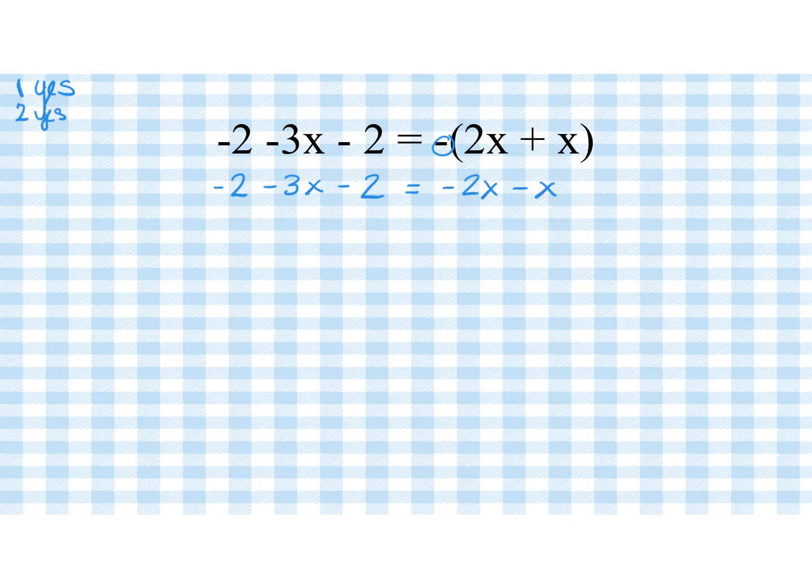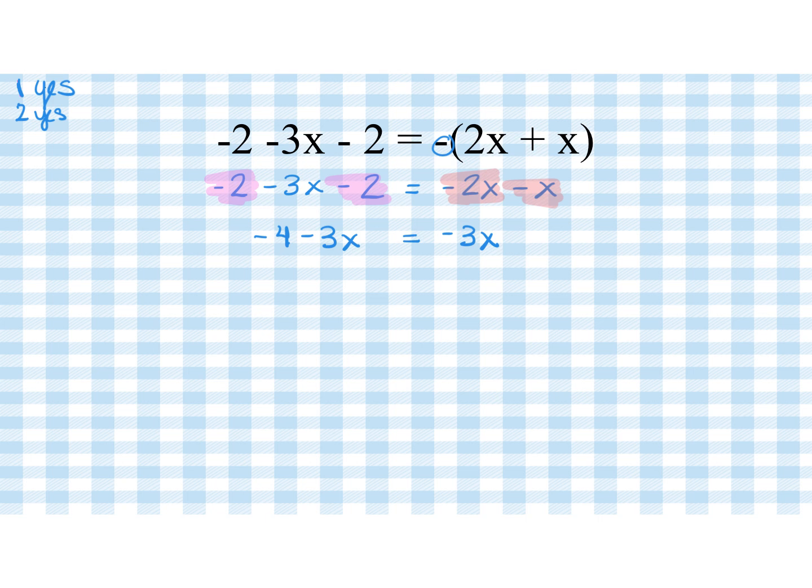Let's take a look. I have constants here on each side that I can combine. I also have these, which are both variables, and I can combine both of those. So I have two things to combine. So minus 2, that's minus 4, minus 3x, and that's going to equal minus 3x.